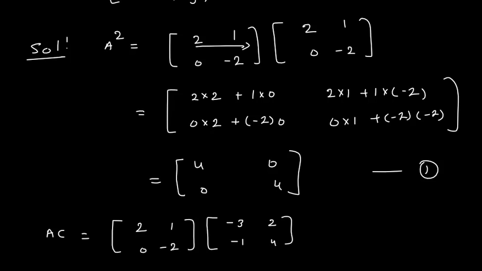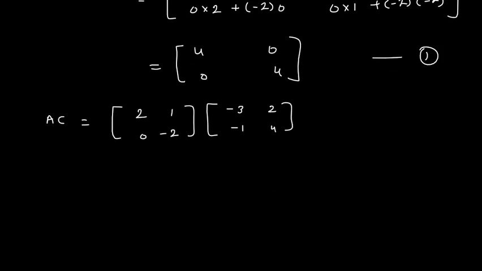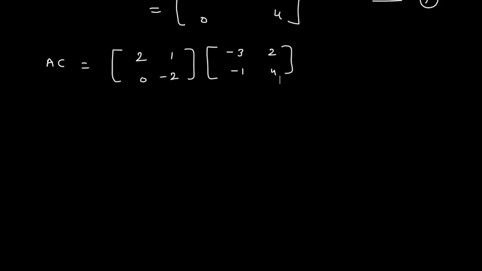Then here we get 2 into 2 plus 1 into 4. On the second line we get 0 into minus 3 plus minus 2 into minus 1, and here we get 0 into 2 plus minus 2 into 4.